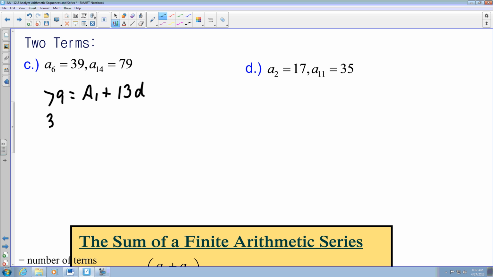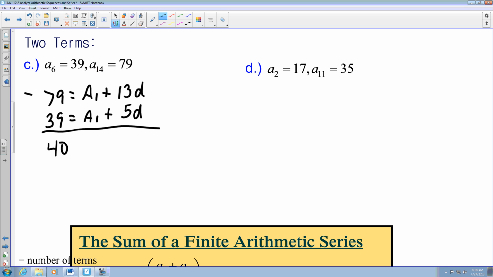So a sub 6 is 39, which equals a sub 1 plus, since n is 6, 5d. All right? So let's use the elimination practice in order to solve for this. If I subtract this equation by this equation, 79 minus 39 is going to give me 40.